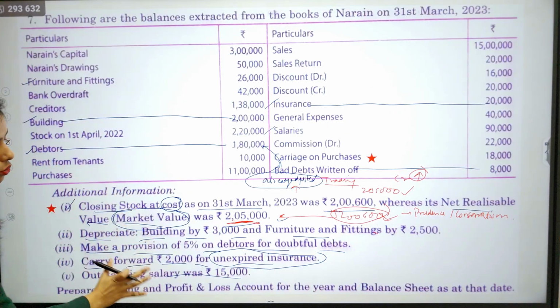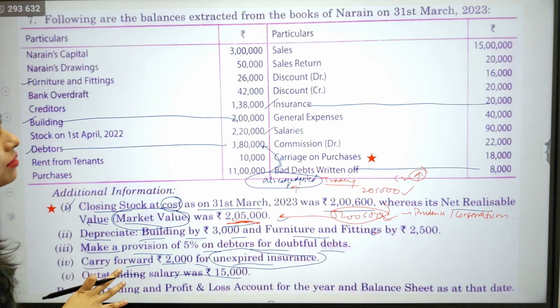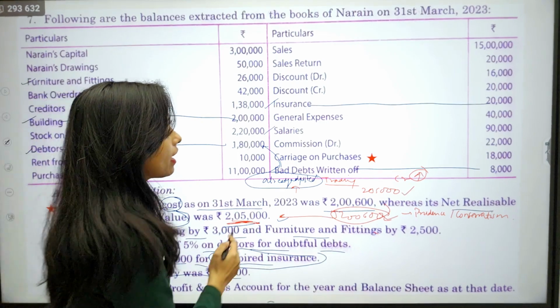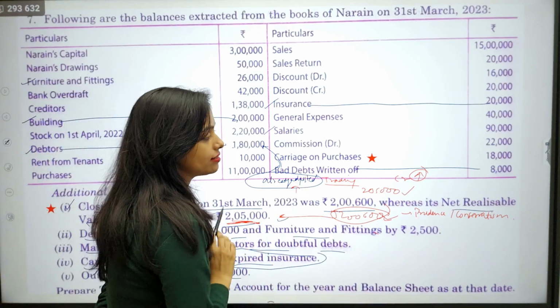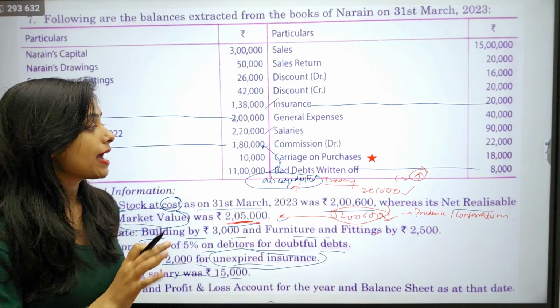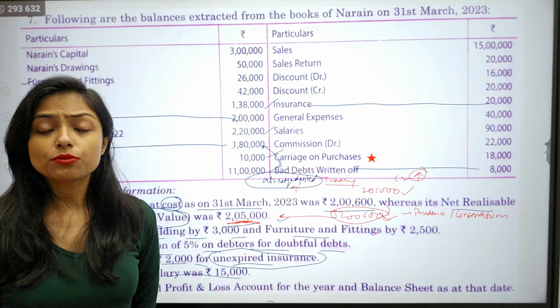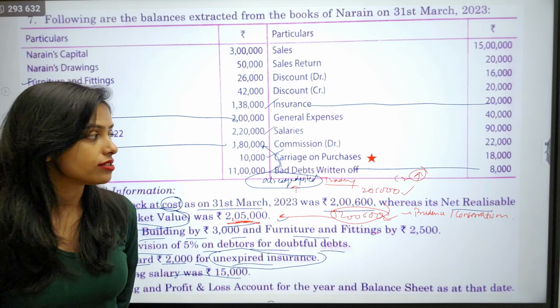Okay, now we have done all the points over here. We have done all the adjustments. Now, is there any unique point here? Just carriage on purchases. Sometimes instead of carriage inwards, they are going to write carriage on purchases. This also means the same thing as carriage inwards.